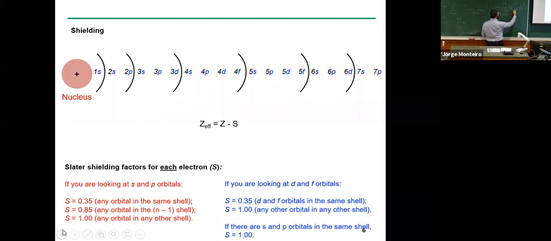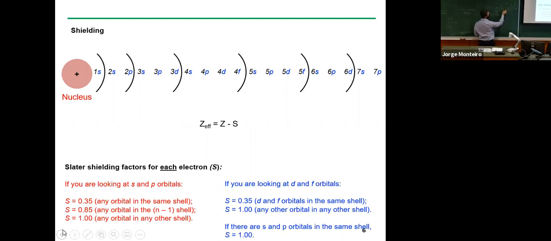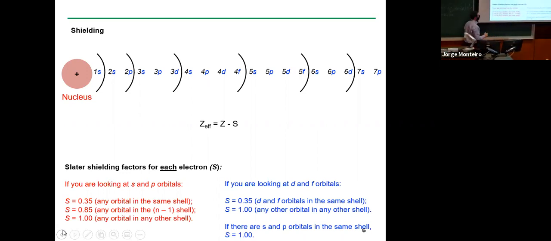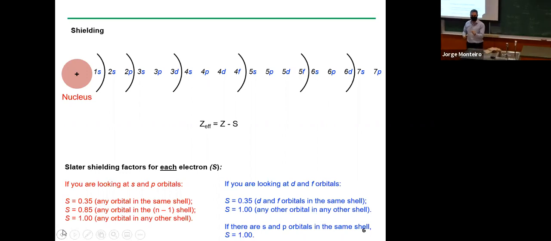After the 1s2, we have 2s2 and 2p6. And that's the shell right in front of the one we are looking at. In other words, it is the n minus 1 shell. And in this case, each electron will shield with a factor of 0.85.